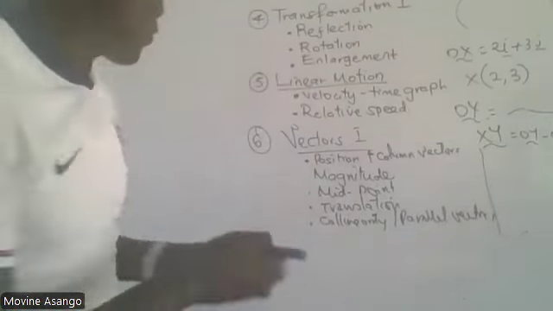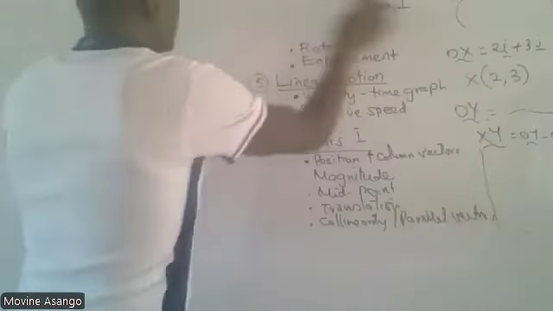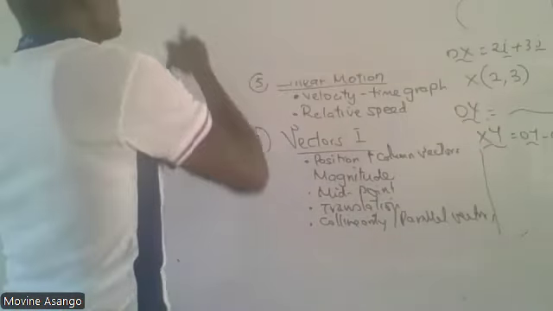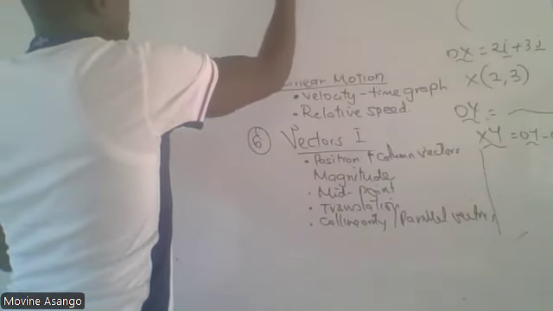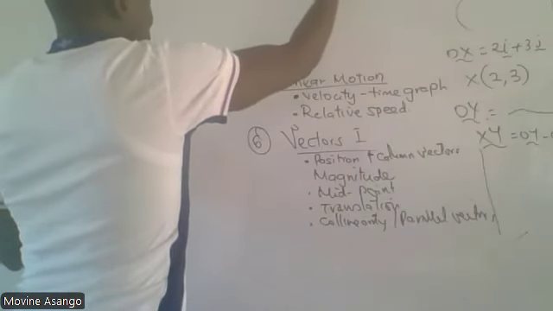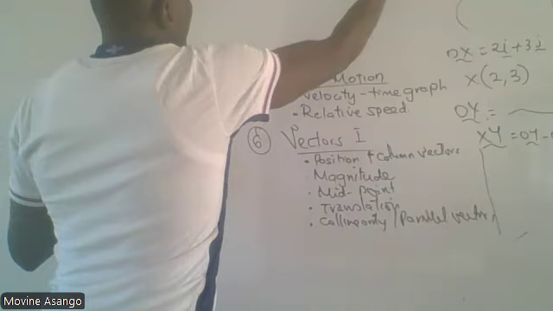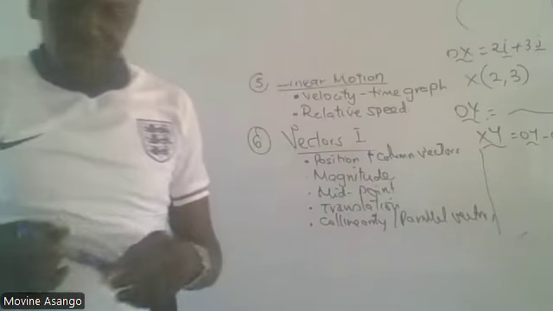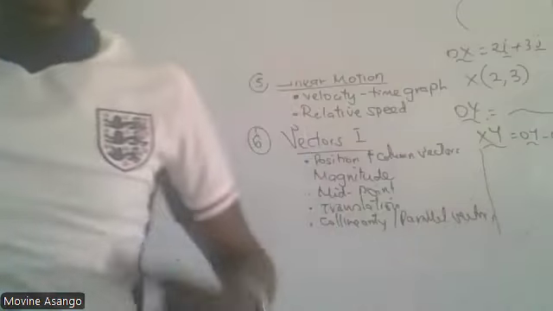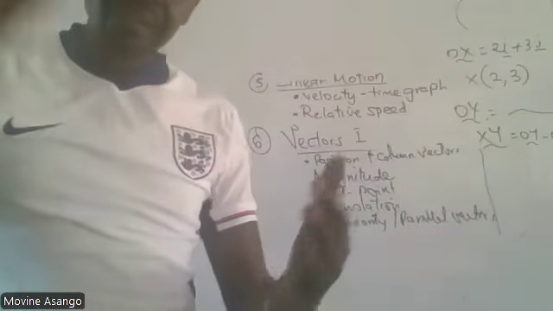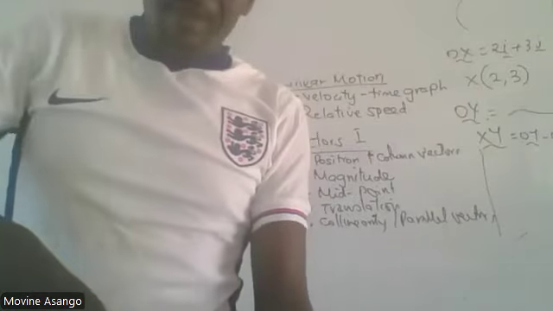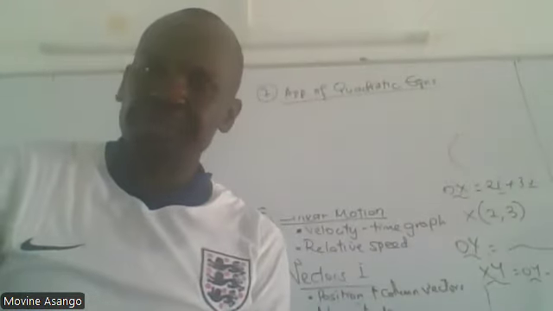Then the last part of Form 2 is number 7, quadratic equations, which is basically application of quadratic equations. Applications of quadratic equations, forming and solving quadratic equations. What is important here? We are focusing on the method you are using to solve the quadratic equation.